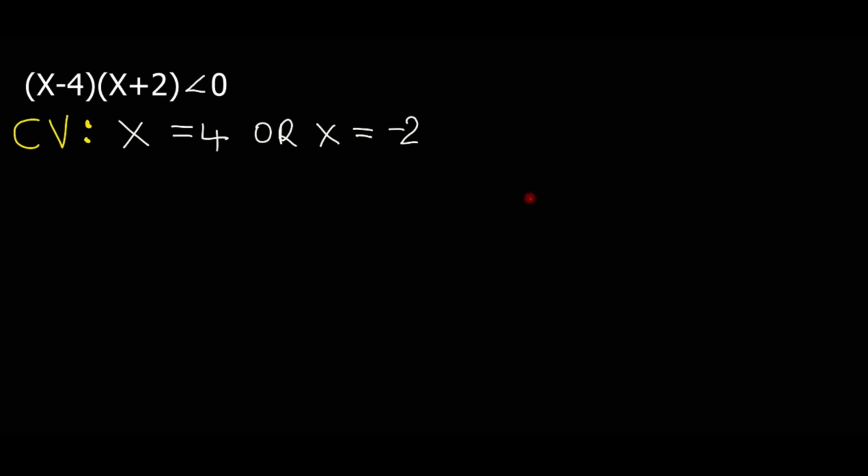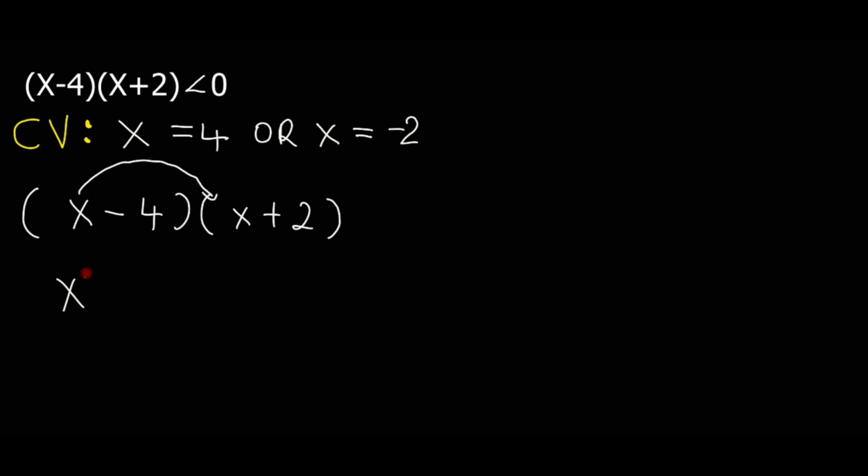Gore kgona draw a graph, remember this is the same as re multiply the brackets re la gore x times x e re fa x squared. What is important ko re kgone go tseba the leading coefficient, so ka kgone bona gore the coefficient ya rena already here ke +1, so that is why ke re you can multiply out so that o kgone go bona gore coefficient ya x squared ke bokae.